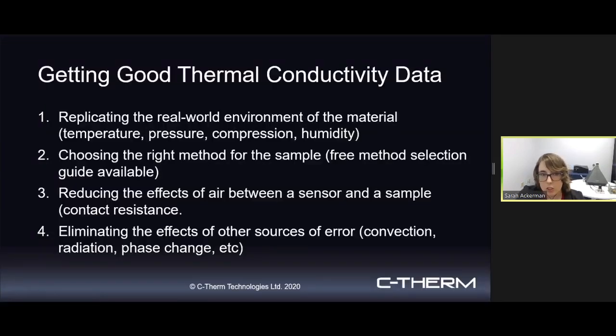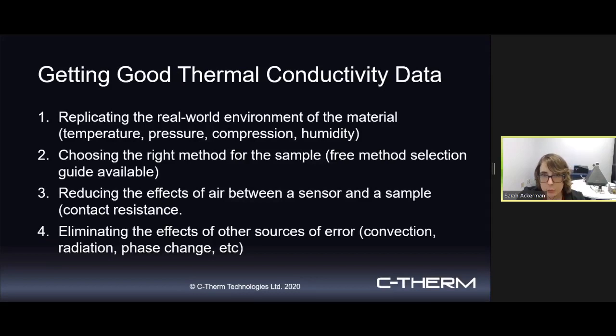So given all of those things affect the thermal conductivity of the material, how do we then get good quality thermal conductivity data? There's basically four main parts to getting good quality thermal conductivity data. The first one is trying to replicate the real world environment of the material. You'll see often from various manufacturers, they'll give a thermal conductivity number, but they won't necessarily tell you what conditions it was measured under.